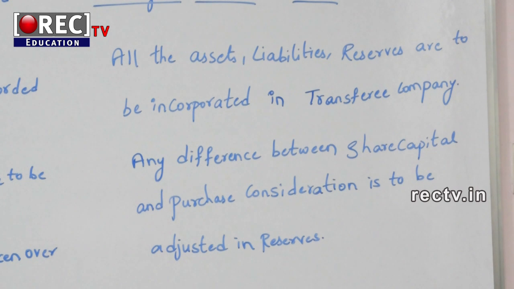No adjustments have to be made in the books of the transferee company, that is, the purchasing company. Now if there is any difference between the share capital and purchase consideration, it is to be adjusted in the reserves. The difference between these two methods, purchase method and pooling of interest method, is that under the purchase method we are not considering any reserves and surplus of the transferee company, but only the statutory reserves which are compulsorily maintained as per statute.